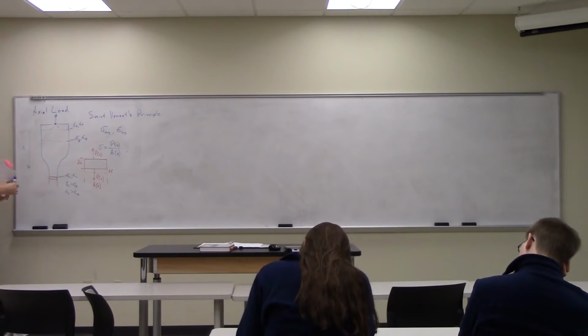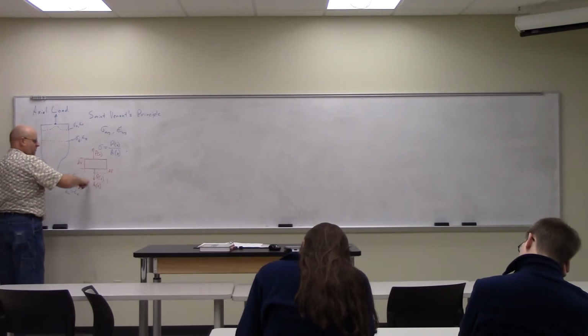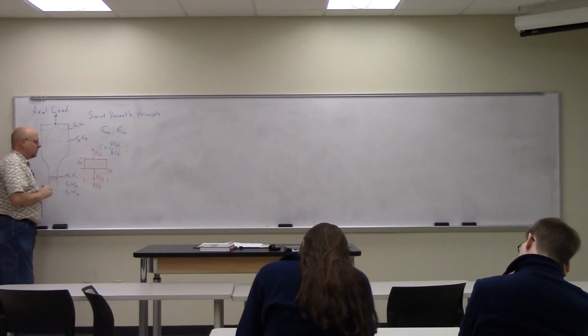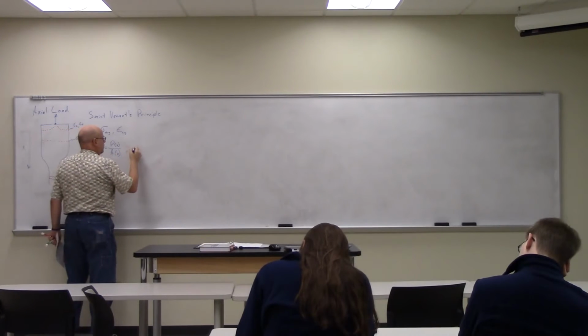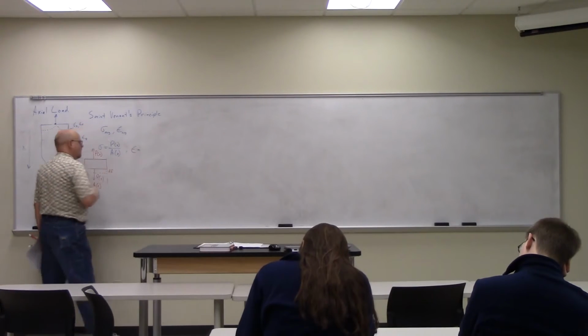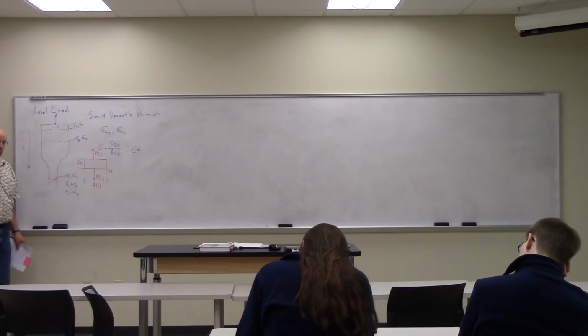So, if I look at the stress on this particular piece, it's P as a function of x divided by A of x. And the strain on this particular little piece, what's the strain going to be? On just that little piece that I cut out of the sample.